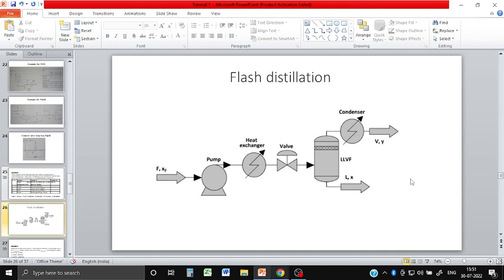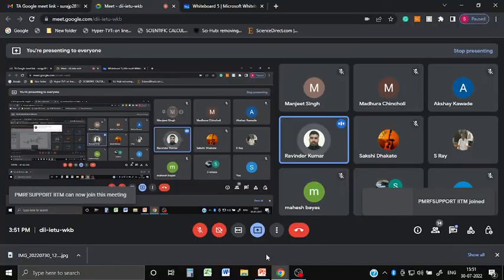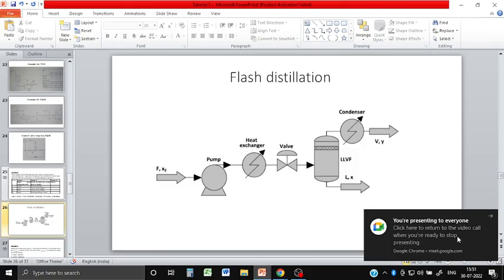Okay, sir. Thank you. We may say that if the boiling point difference between both components of a binary system is far apart, we may use flash distillation instead of conventional when required. You're absolutely correct.